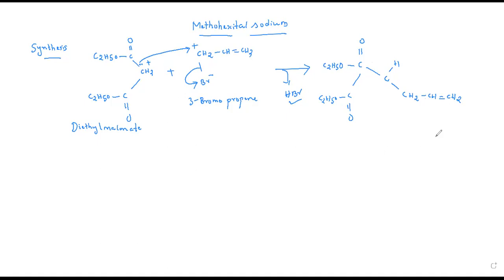So this intermediate compound you can react with another substance, called 2-bromo-3-hexane. Right.